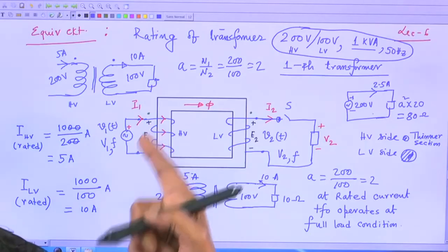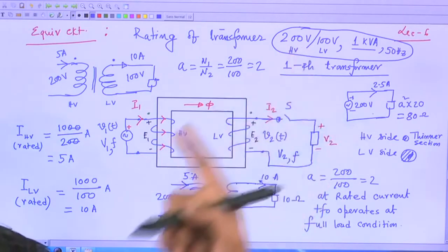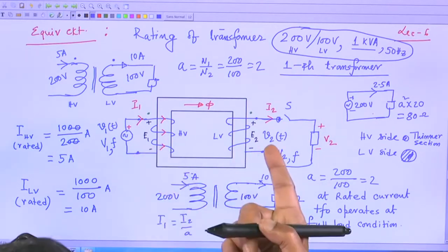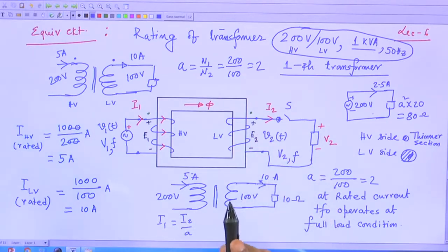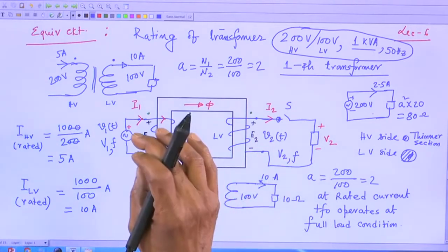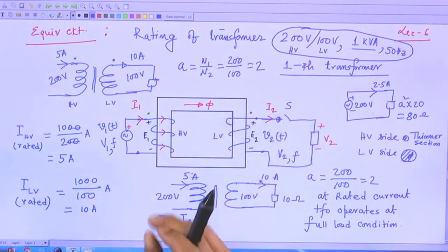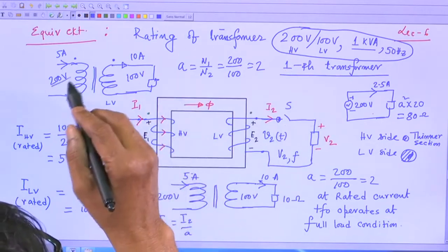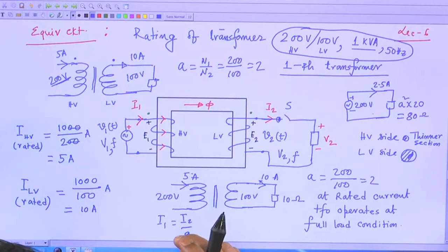On the HV side, if you apply 100 volt instead of 200 volt, on this side you will be getting 50 volt. That you are allowed to do, because you should not exceed the rated voltage of the windings. You should not apply on the HV side a voltage greater than 200 volt; less than 200 volt you can apply, no problem.